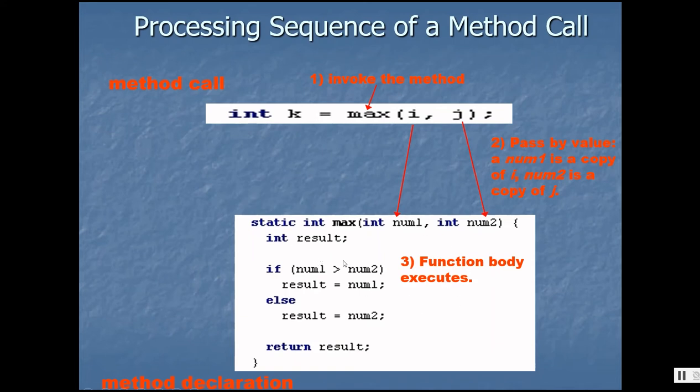A variable is created, an if statement takes place, and depending on the result of the if statement, an assignment takes place. Ultimately, the result is returned, and when that result is returned, this method is done. It's all said and done. At that point, it gets received by the invocation, the call which took place. Now this expression has been resolved. We now have a value, and at that point we can assign that value into this variable, in this case called k.